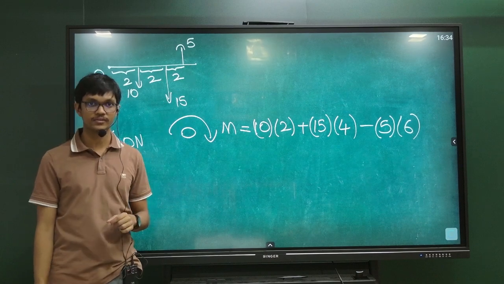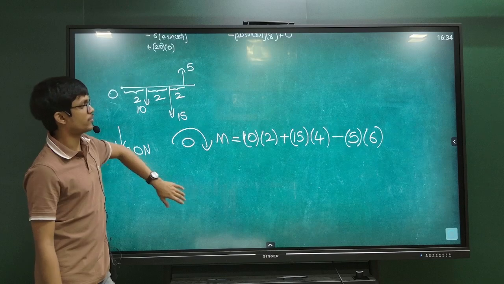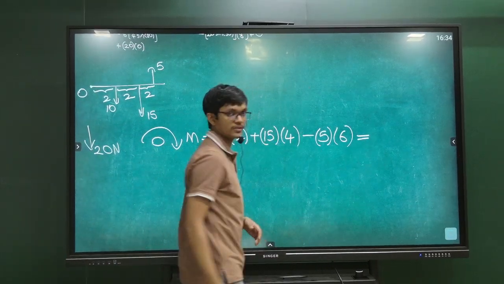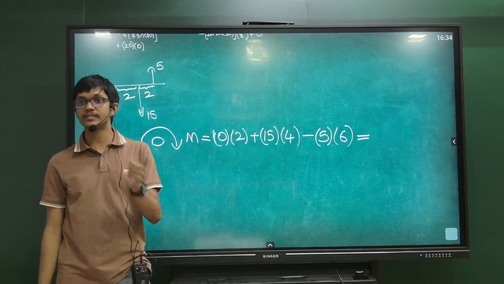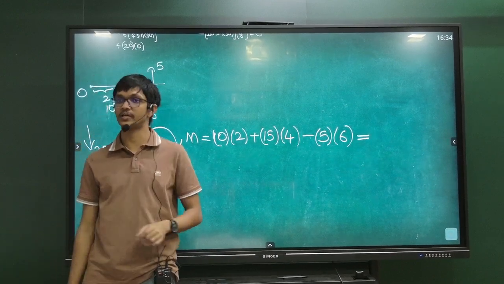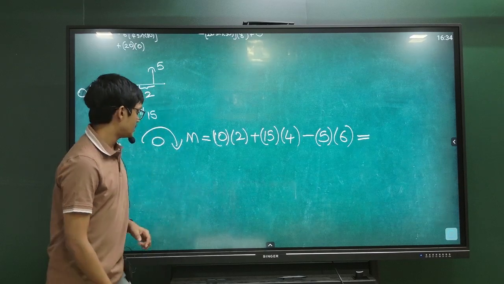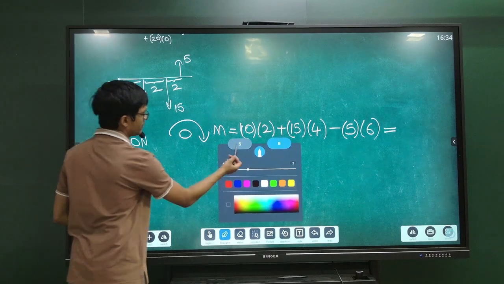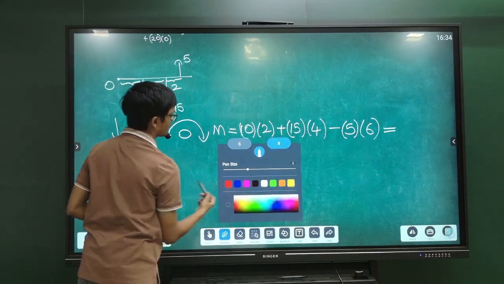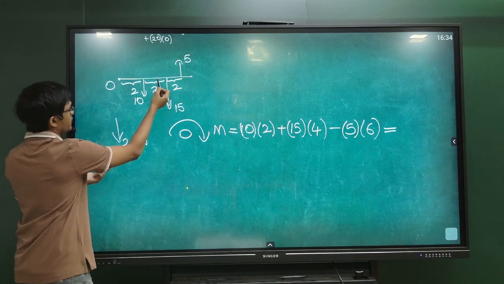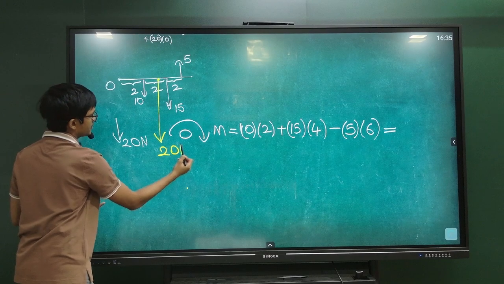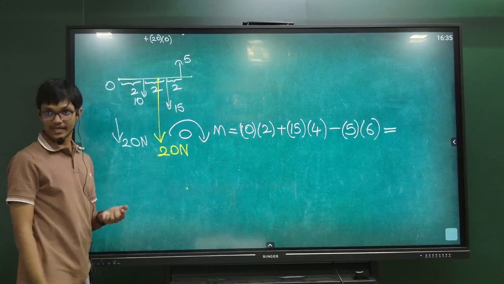And principle of moment tells this is equal to the moment by the resultant force. That means if the 20 newtons is acting at this point, if it's acting here, clear?